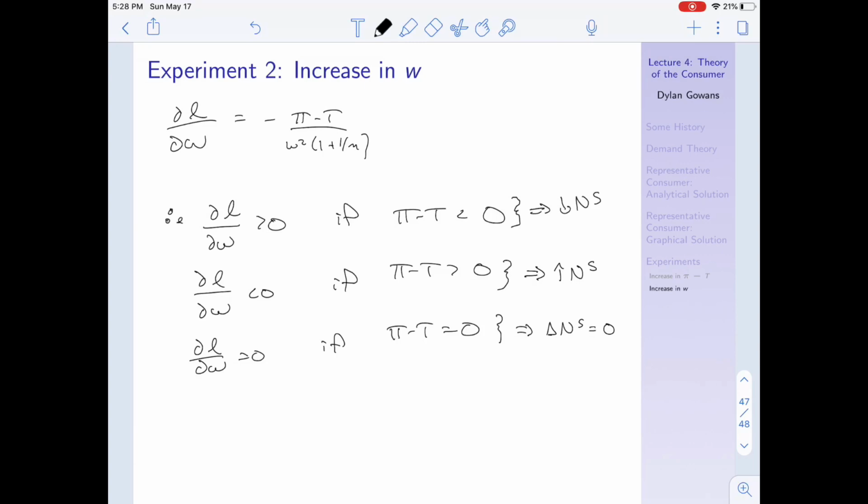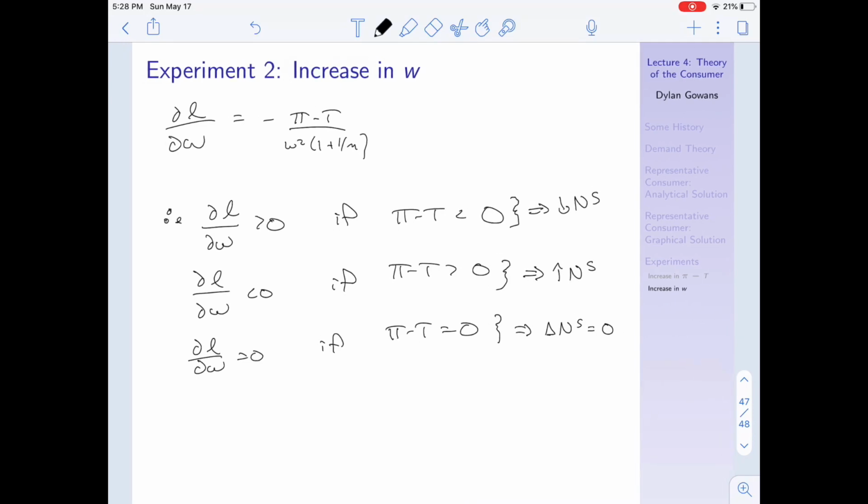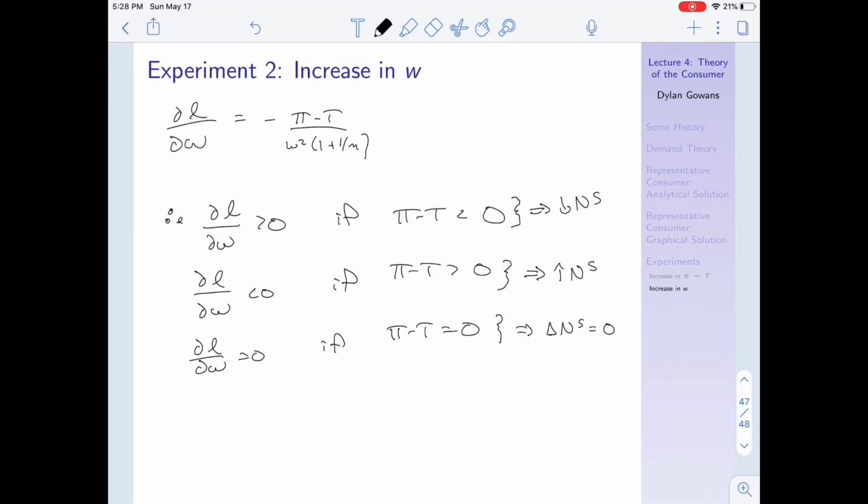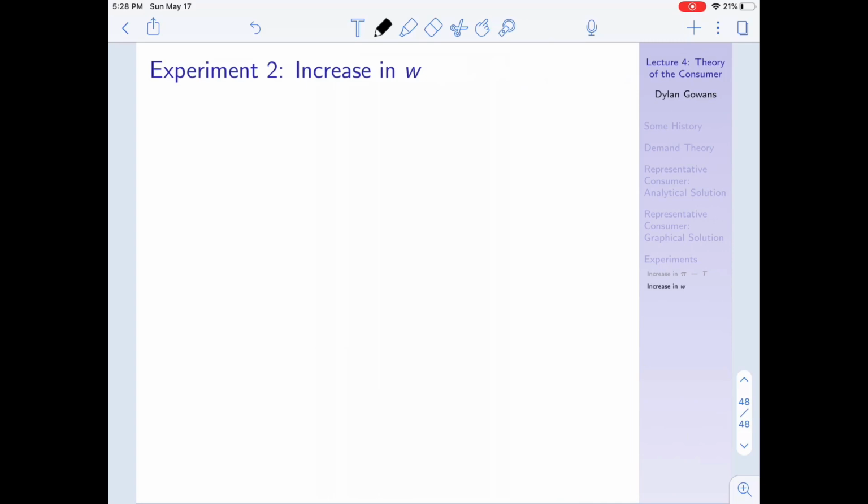So why is this interesting? Well, you can imagine that there's an upward sloping labor supply curve. I believe that's my next slide. That's what I imagine you've seen before, which would look something like this.